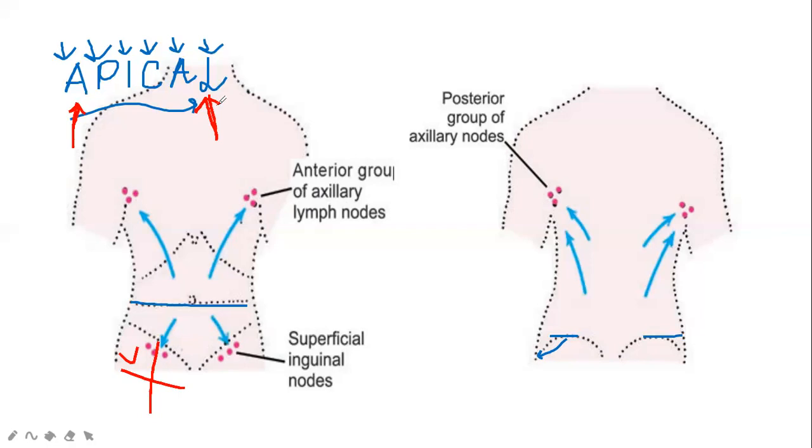The ones that travel with the basilic vein and also from the supratrochlear lymph nodes. The supratrochlear nodes are found at the level of the base of the cubital fossa, not within the cubital fossa but outside of it, on the roof.